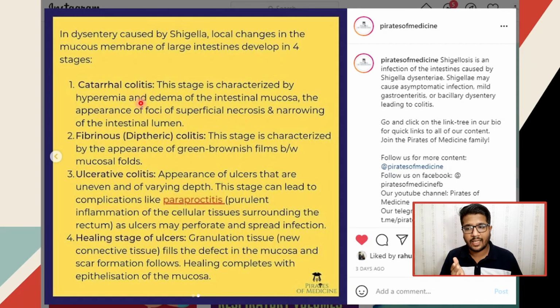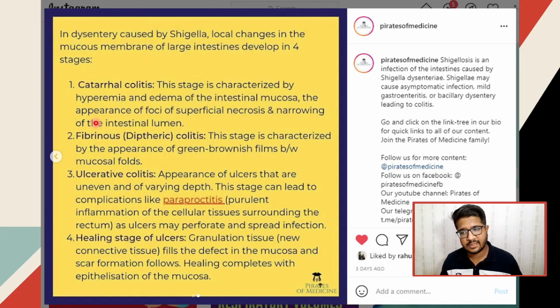Catarrhal colitis is characterized by hyperemia and edema of the intestinal mucosa. From the name catarrhal, you should understand that this involves excessive secretion of mucus. So obviously you can understand why this is characterized by hyperemia and edema of the intestinal mucosa. Areas containing superficial necrosis start appearing, and the intestinal lumen starts to narrow.